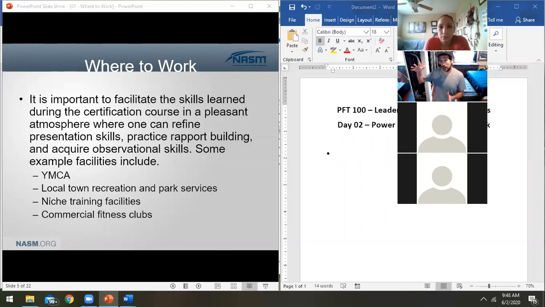You'll get a really good hourly rate, but if you want to keep that hourly rate going, you're going to have to drive to your other company. Maybe you work at YogaWorks doing TRX, and then down the street you work at Orange Theory where you do some spin stuff. Maybe you're all over the place. And so those are niche training facilities.